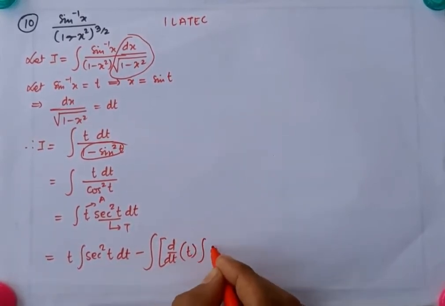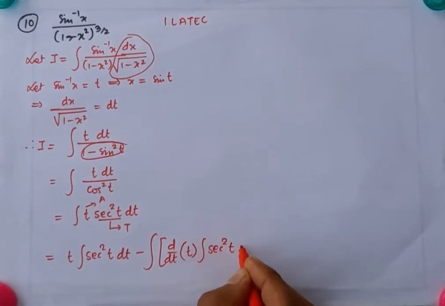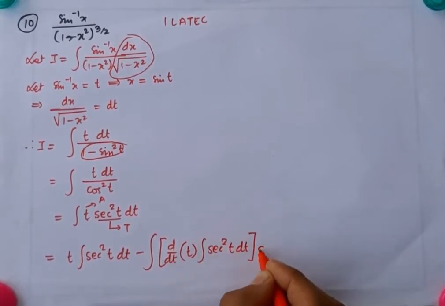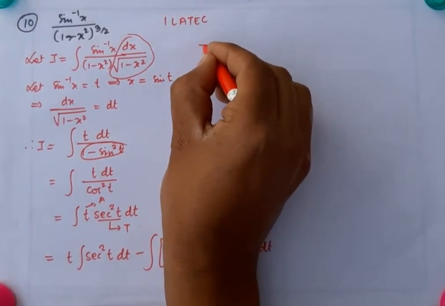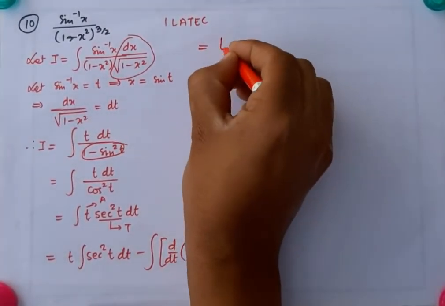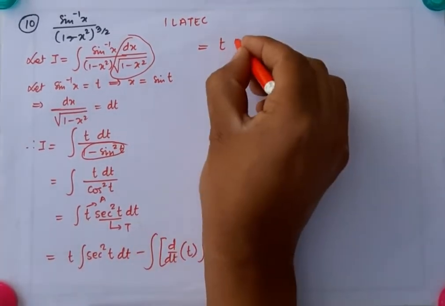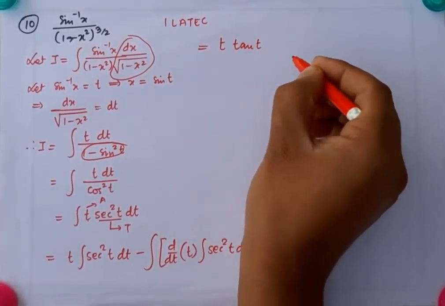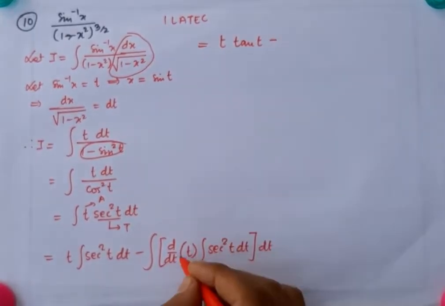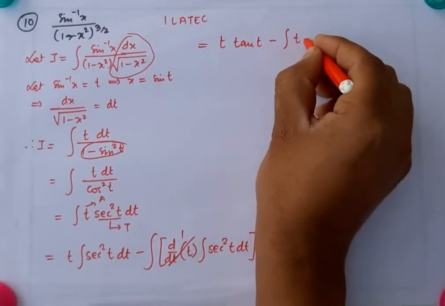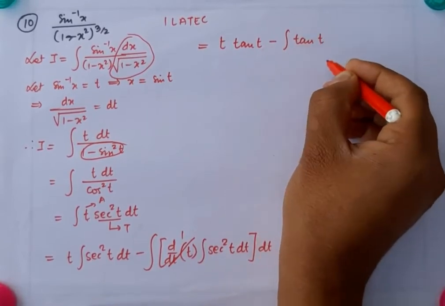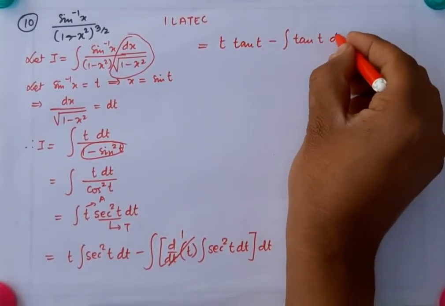Remember, integral sec square t dt, one more dt outside. So this is equal to t, integral of sec square t is tan t, minus this turns to be 1, so this is integral of tan t dt.